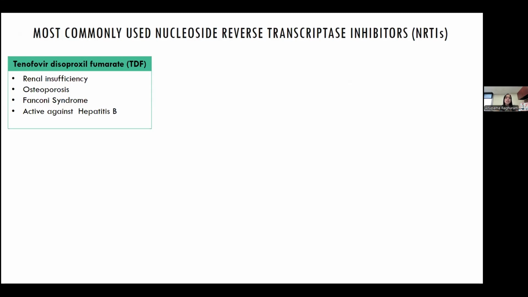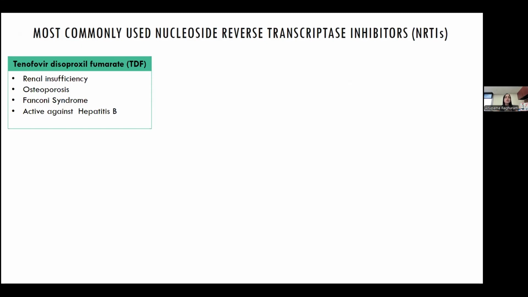So this has been tried and true and used very widely as part of a full regimen of HIV medication. However, there are some issues to watch out for with this formulation of tenofovir. So it can lead to renal insufficiency, decreased bone density over the long term, right, for both of these. And also Fanconi syndrome, which is rare.